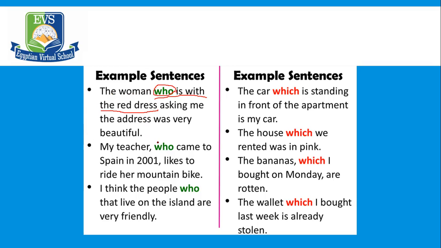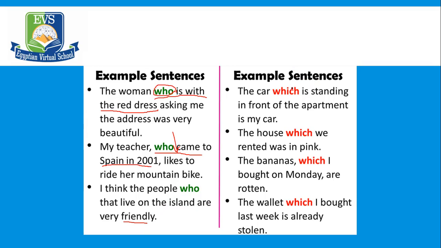It's a human being. My teacher who came to Spain in 2001, also the relative clause, likes to ride her mountain bike. So I describe who my teacher is. I give more details about who came to Spain. I think the people that live on the island are very friendly. We give more information about those people living on islands.